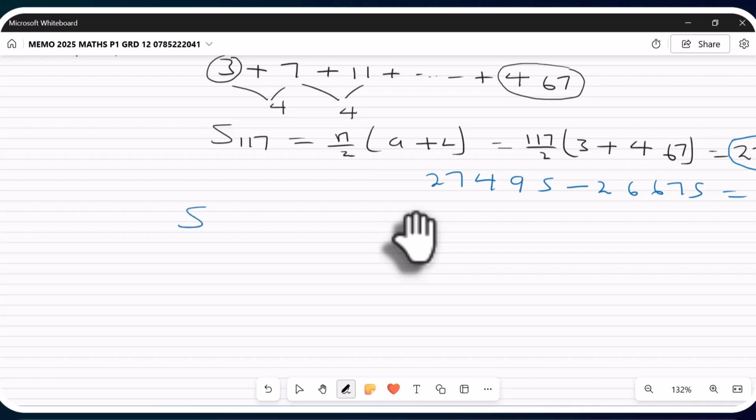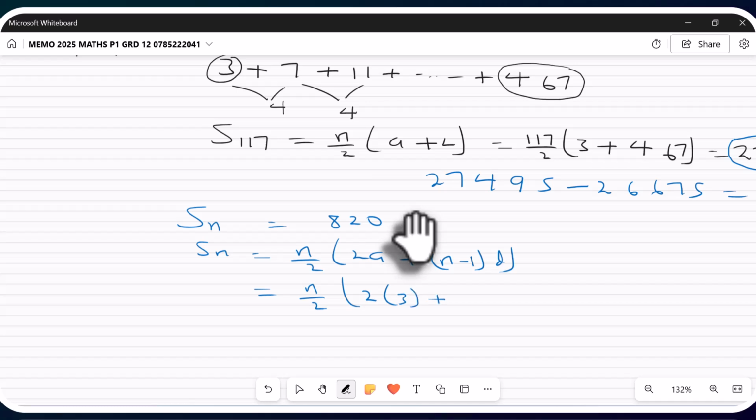So simplify here. Now this is a 6. 4 times n is going to be 4n, then minus 4. 6 minus 4, I've got a 2. So it's going to be 4n plus 2, multiplied by n over 2, which should give me 820. Are we together? Now if I divide by 2, I get n into 2n plus 1 equals 820.